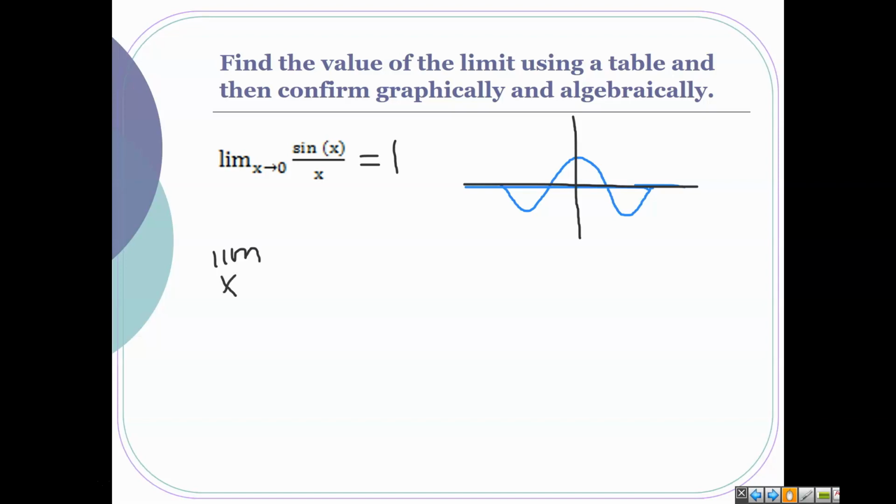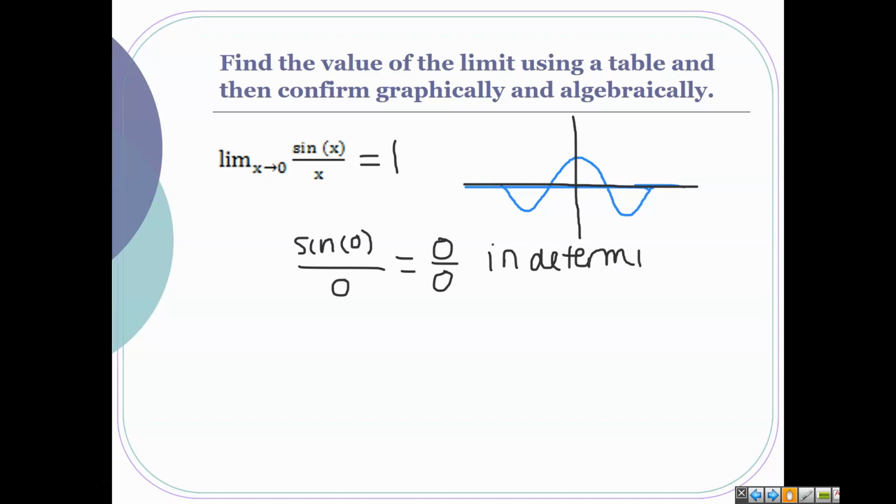Because if you plug into this, the sine of 0 is what? Well, just in general, what's the sine of 0? Yeah, so this is that indeterminate form again. So we don't have an algebraic way, really, to simplify it. So this is what we call a function you memorize.